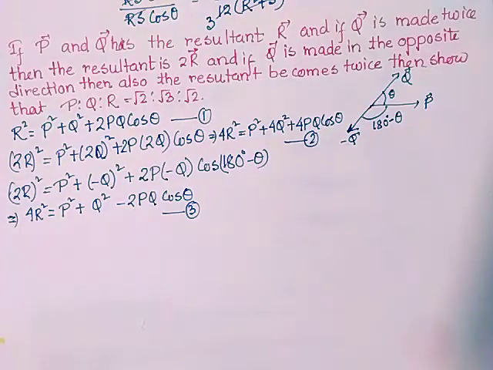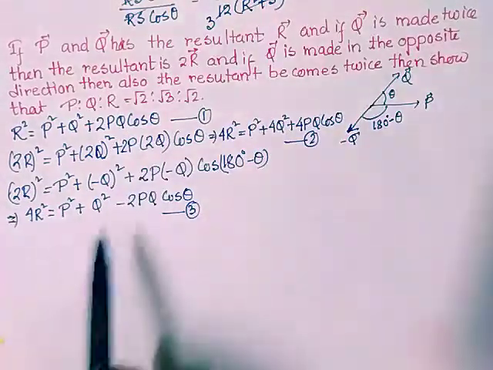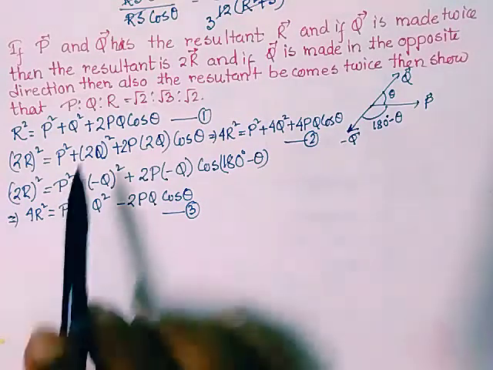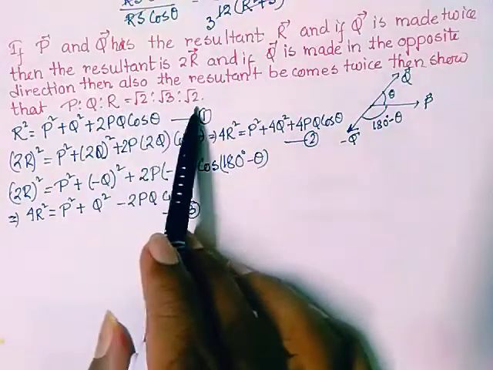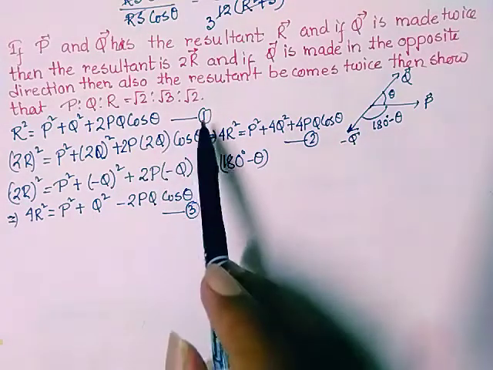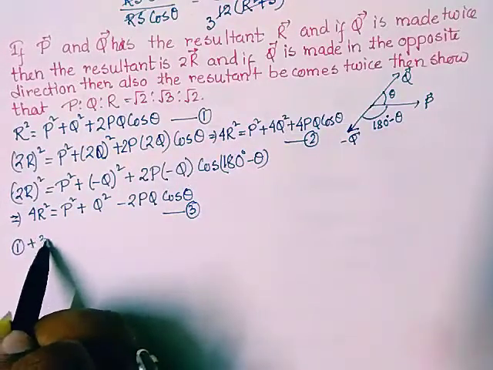equations we just see, if I take the first equation and the third equation, it is plus 2pq cos theta, here is minus 2pq cos theta, and here we have to eliminate the cos theta because what I have to show is pq, there is no cos theta, so we have to somehow eliminate the cos theta. The better procedure is if we just add 1 and 3.